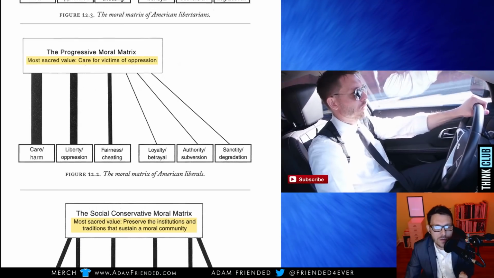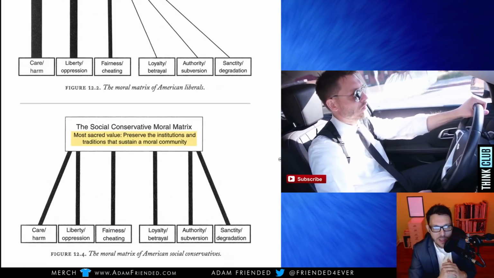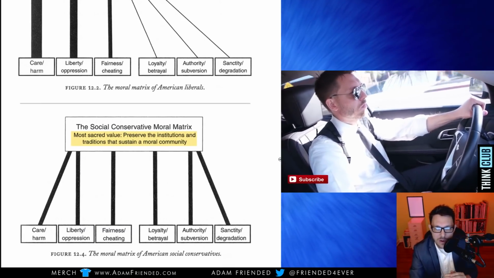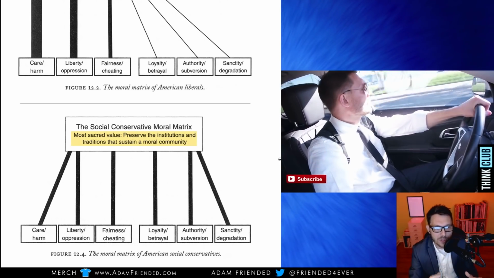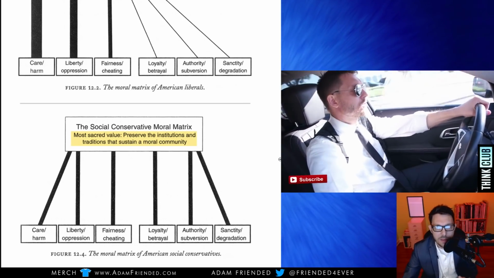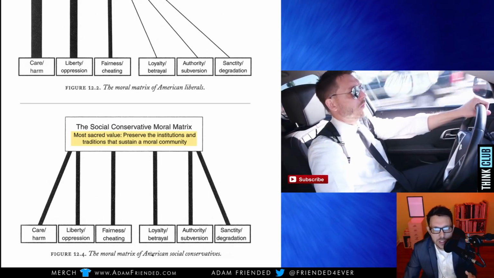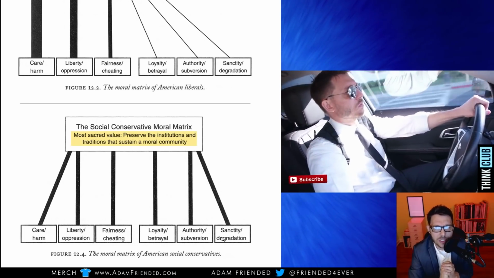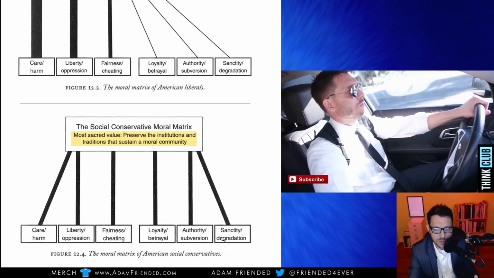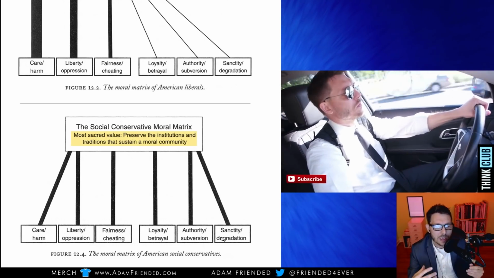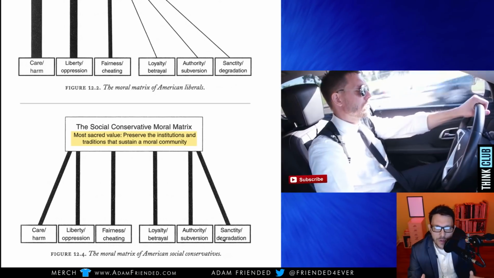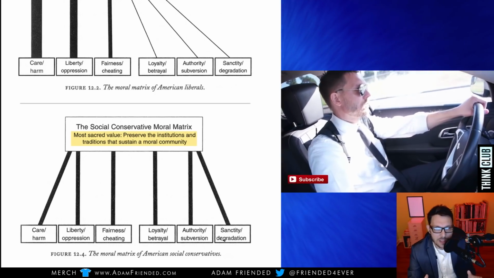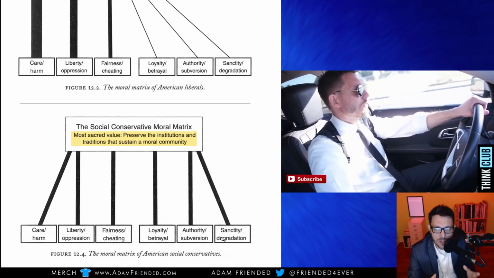And the social conservatives, they have an interesting foundation too, because it's preserving traditions, and therefore their moral foundations are much more spread out. If you think about it, I've made an argument several times now that the idea of freedom of speech used to be something that conservatives were more skeptical of.